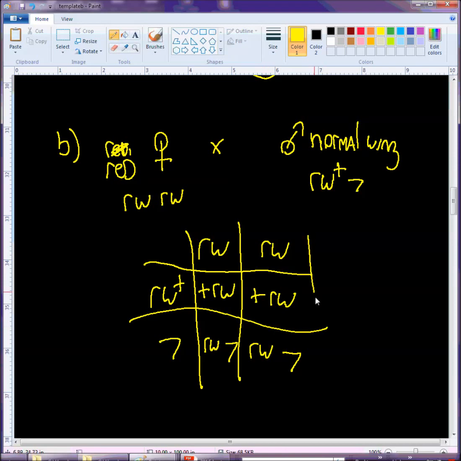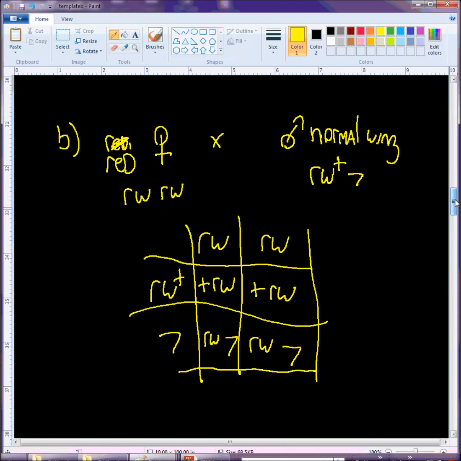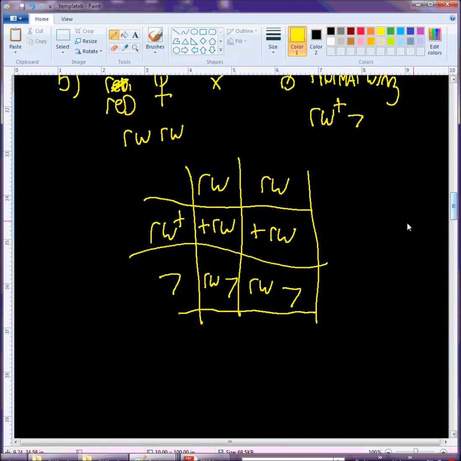So we have 4 possible combinations of gametes here. And remember, the males are the heterogametic sex, so these two are going to be the males. And the males are both reduced wing because they are hemizygous for the X chromosome, and they have the mutant allele for reduced wing.